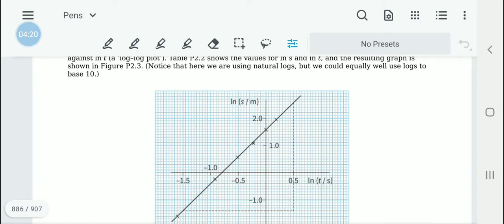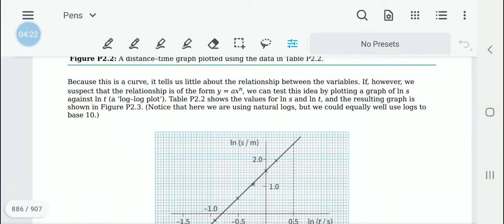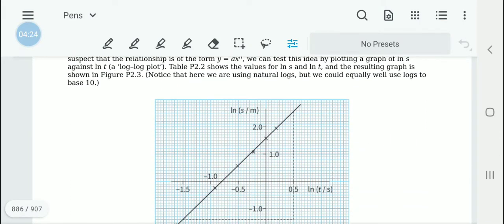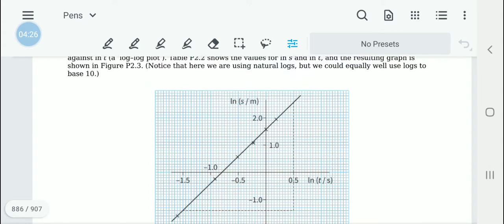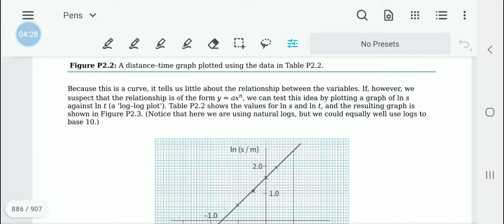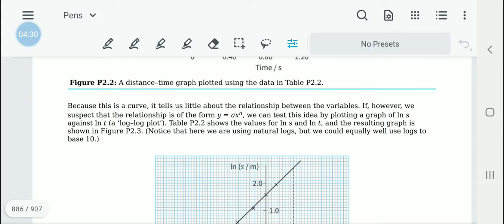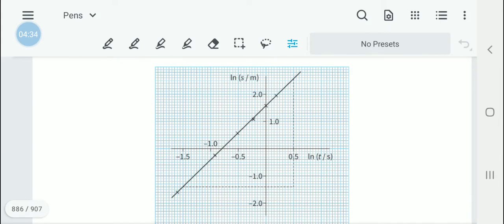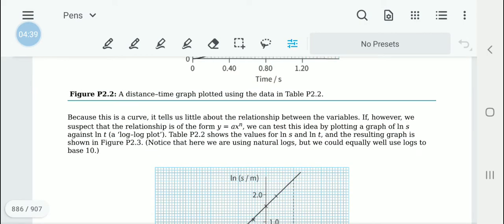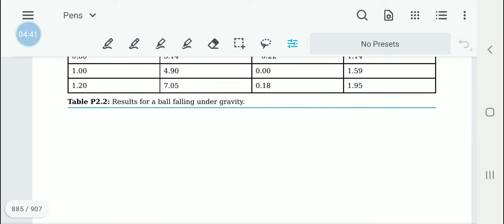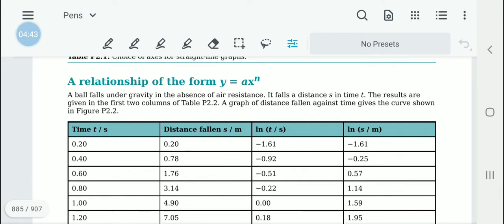So when we draw natural logarithm of s upon m and natural logarithm of t upon s, that means natural logarithm of the displacement in meters and natural logarithm of time in seconds, right? Don't misunderstand it to be division, that is how I presented it.